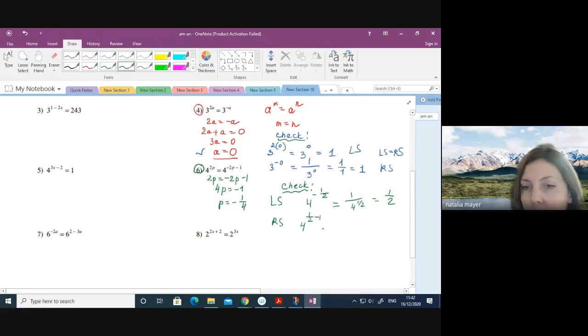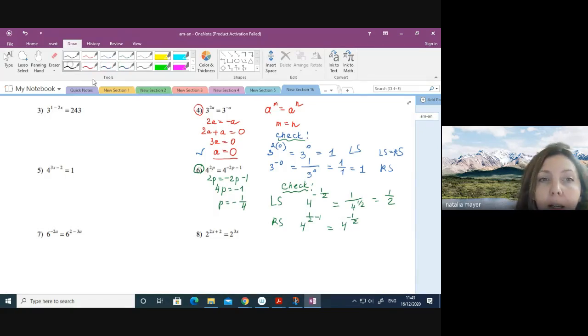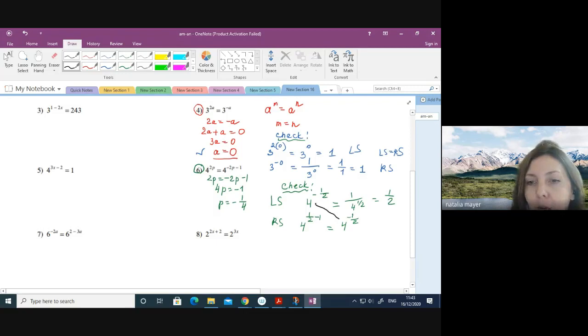And then minus 1. So it's going to be 4 to the power of negative 1 over 2. Since it's exactly the same thing as here, I don't need to complete the calculations. So I see that it's the same. The left side is equal to the right side.